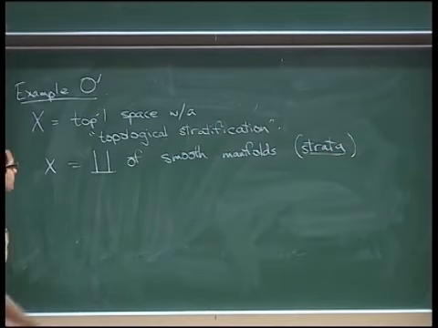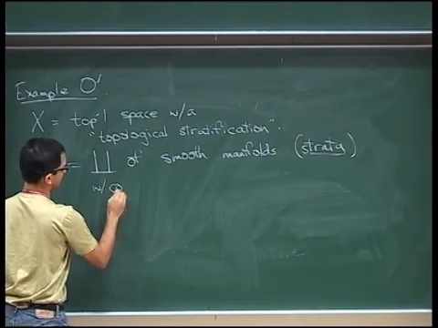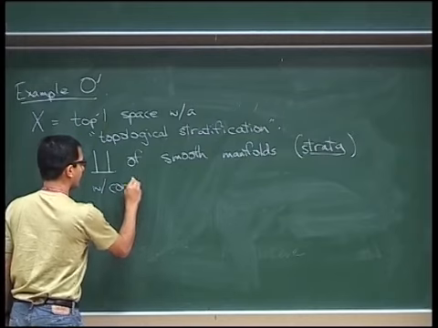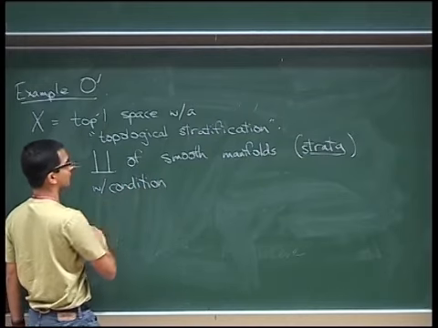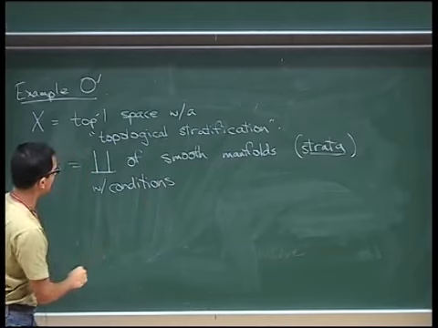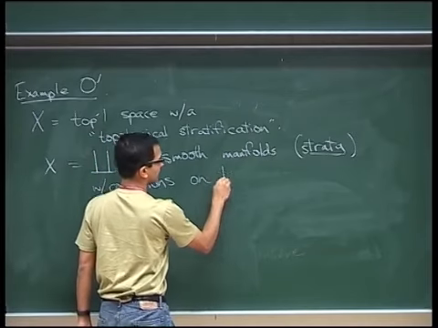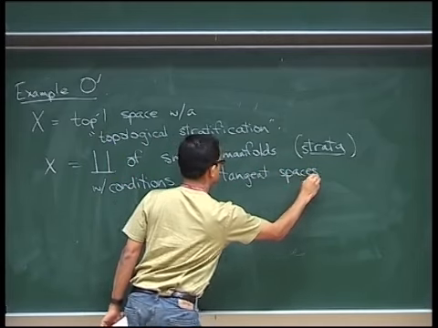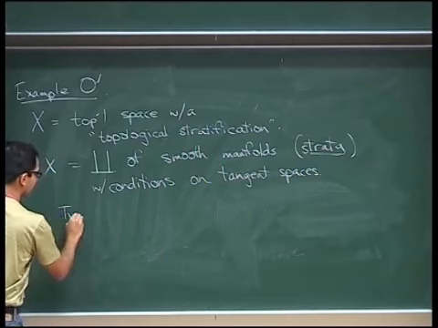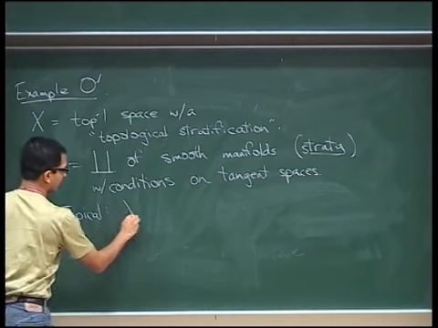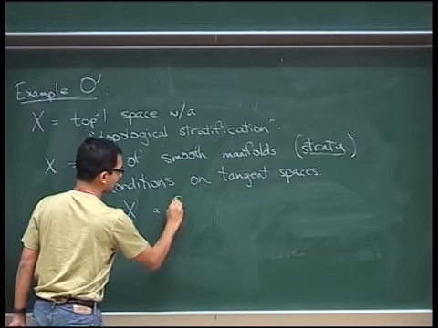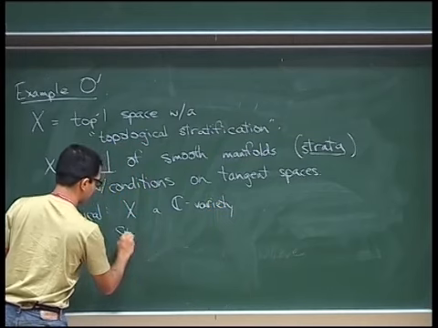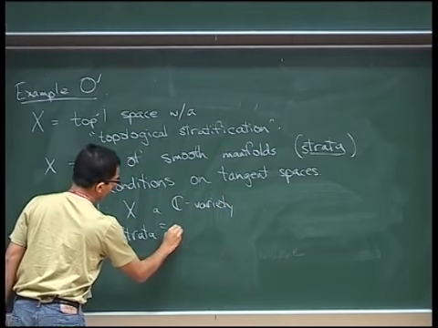And there are some technical conditions on how the tangent spaces of the various strata interact with each other. I don't want to bother with writing those down, but I'll tell you how these things typically come up. The typical example for us is going to be X a complex variety, and then the strata are going to be orbits of some group action.